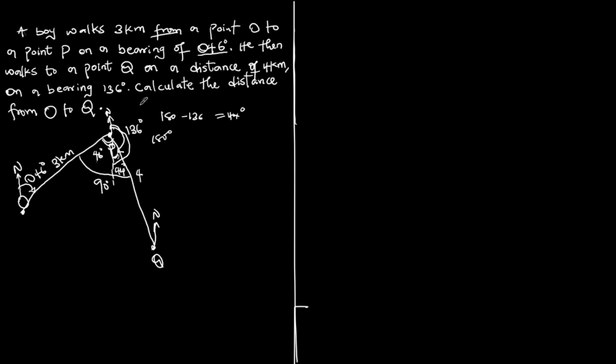Now, we are told to calculate the distance from O to Q. From O to Q, this distance. So this is 3 kilometers, this is 4 kilometers, and then we have to find this distance. Now, this is where your knowledge of trigonometry comes to play in bearing and distance.